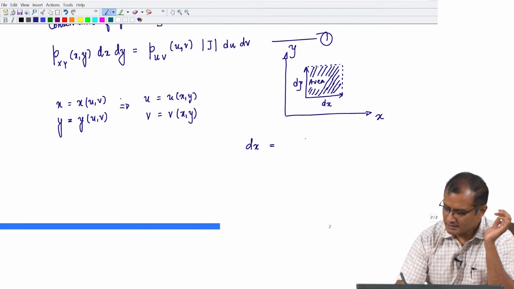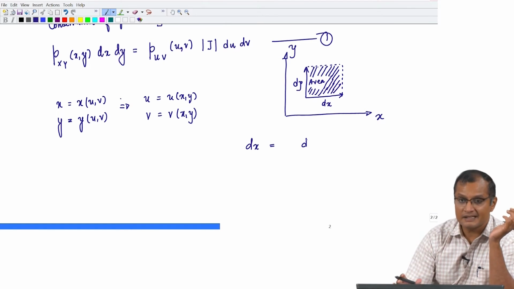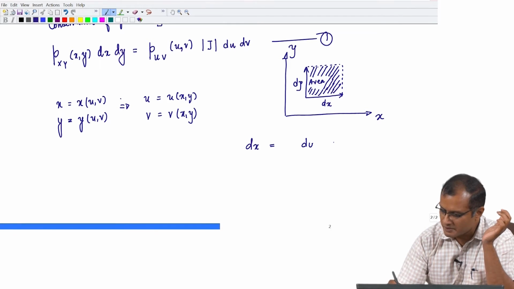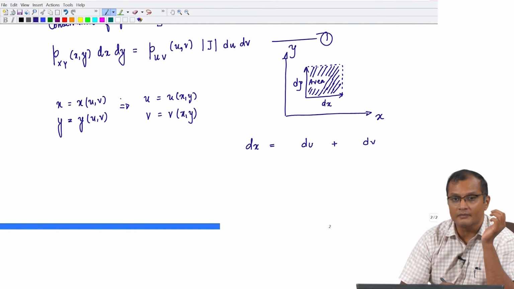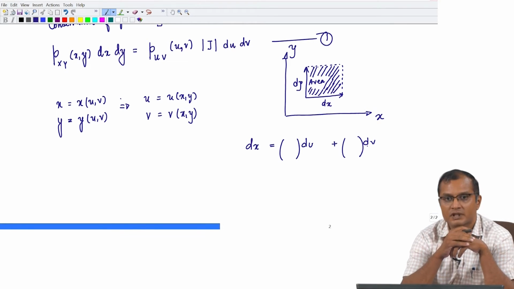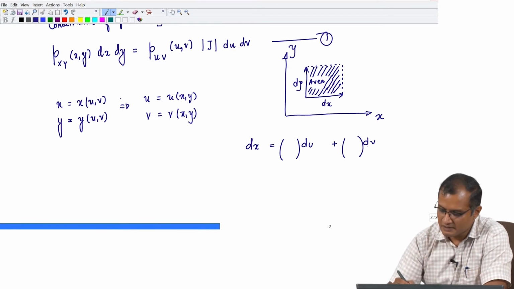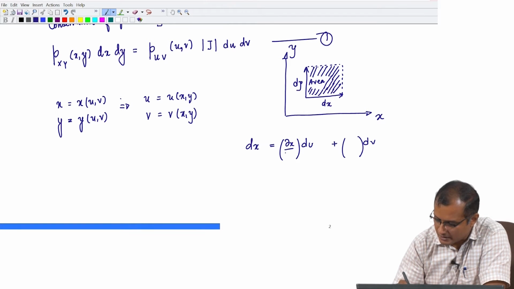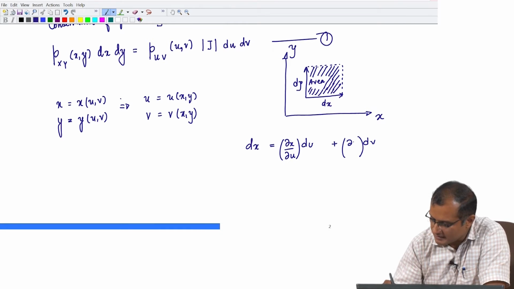So, I will say that the displacement in x is affected by displacements in u and displacement in v. Okay. Of course, there are some prefactors here that one has to attach, so that it becomes displacement in x. These prefactors are dx over du and this is dx over dv.